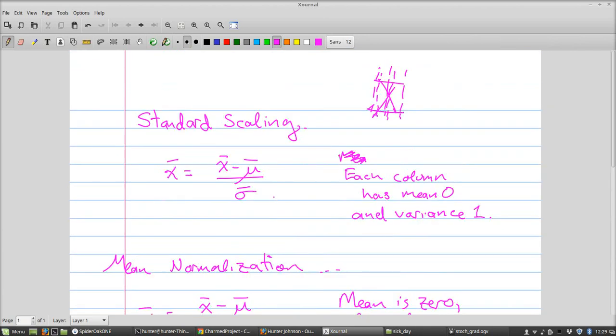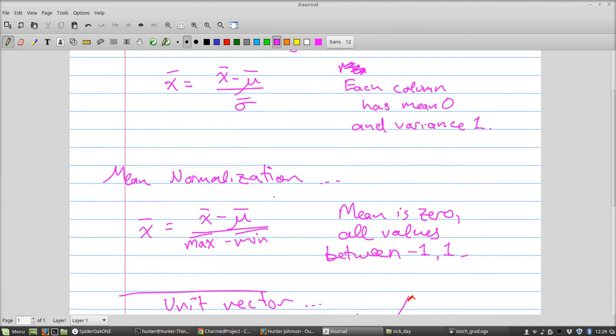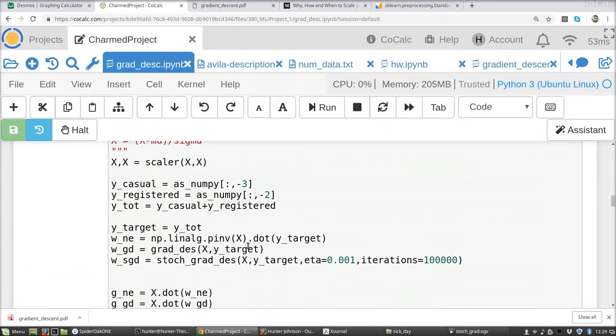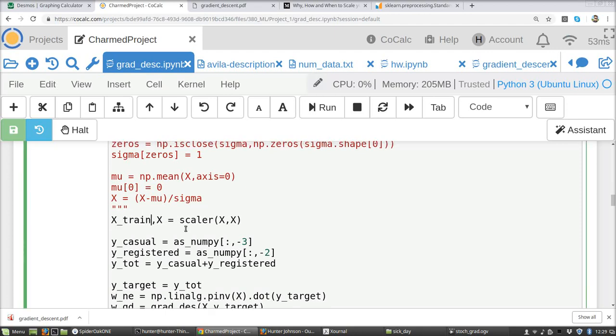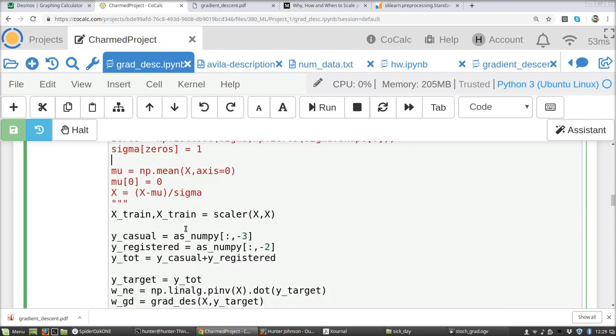We have one thing left to explain, which is that my scalar function has this weird form where it takes x and then x. That's because I wrote it so that I could do this: you split the data set into a training part and a testing part.